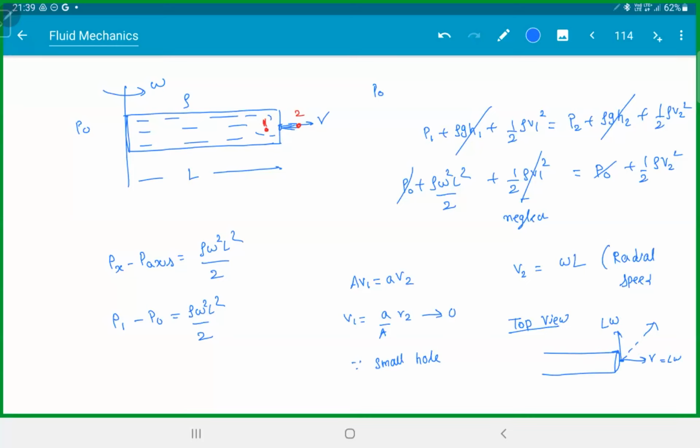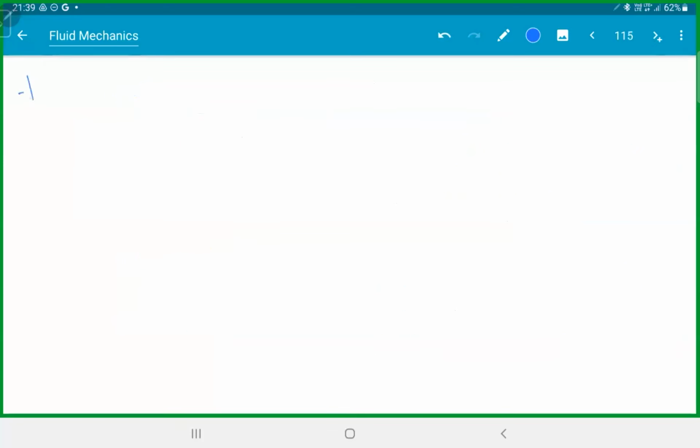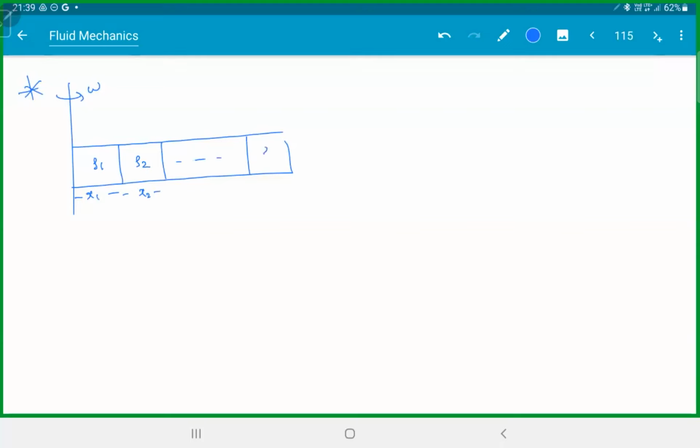So we can have a general result for this for multiple liquids. Let's say we have a container rotating with omega. Let's say we have rho 1, x1, rho 2, x2, and so on till rho n, xn, and the hole is made for rho n here and the liquid is coming out.